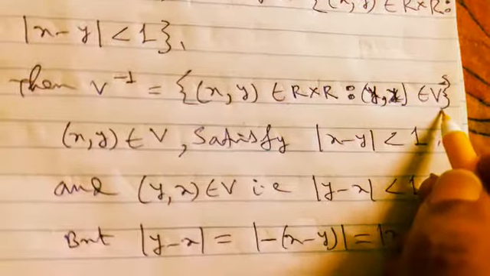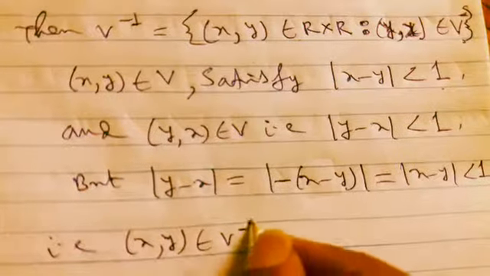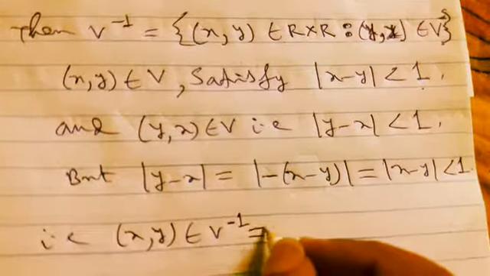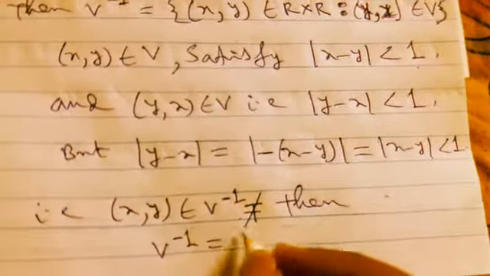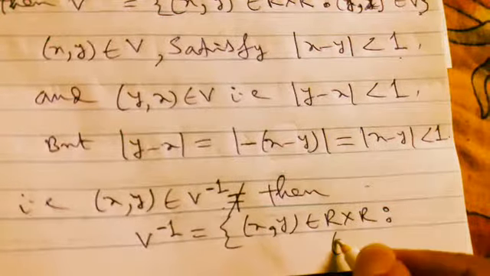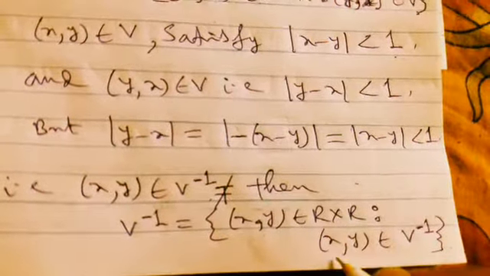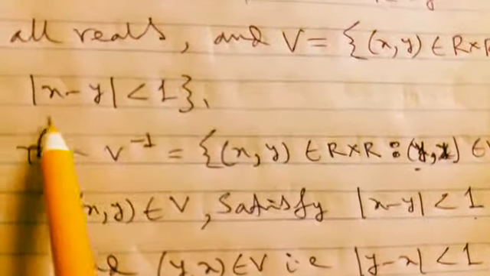If (x, y) is an element belonging to V inverse, that also satisfies this equation, since the condition is given: mod of x minus y is less than 1.